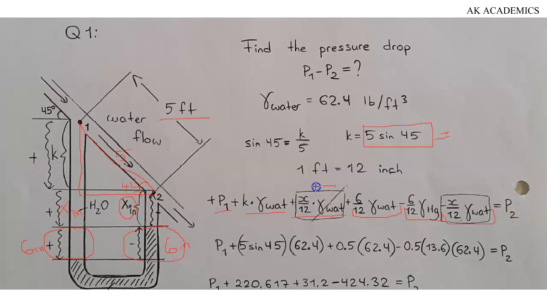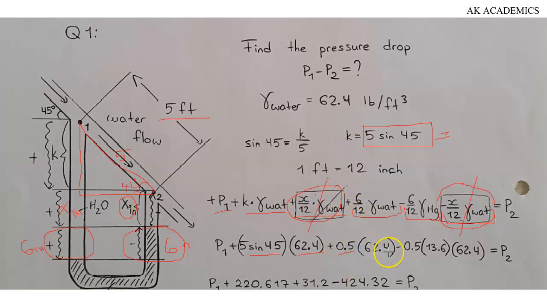By the way, this x over 12 multiplied by specific weight of water and this x over 12 multiplied by specific weight of water will cancel out. So when they cancel out, we are left with P1 plus, what is our K? K is 5 sine 45. You put that right in here. Specific weight of water is 62.4. You put that here. 6 over 12 is 0.5.